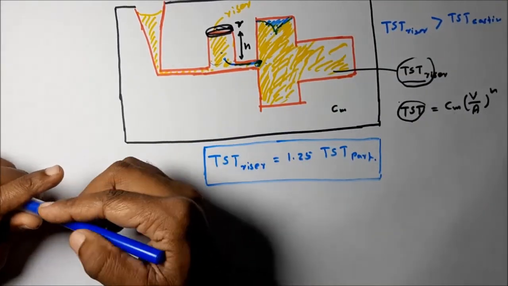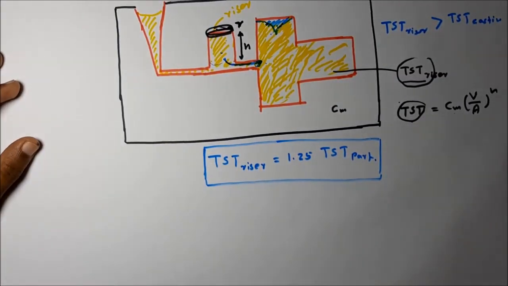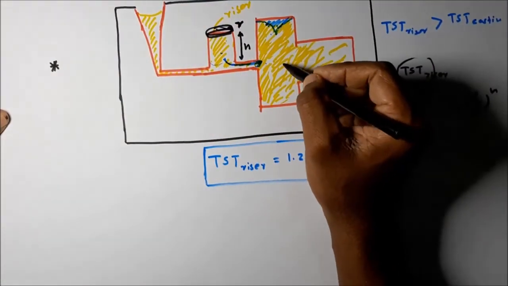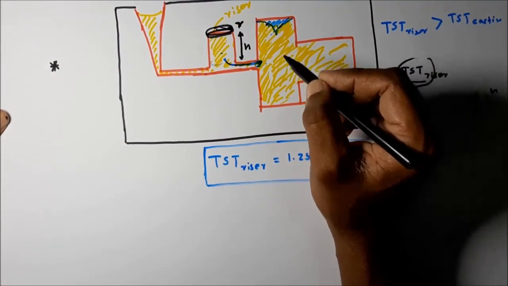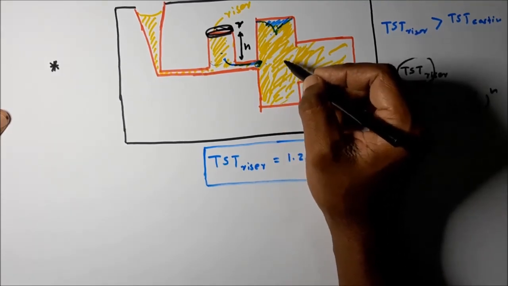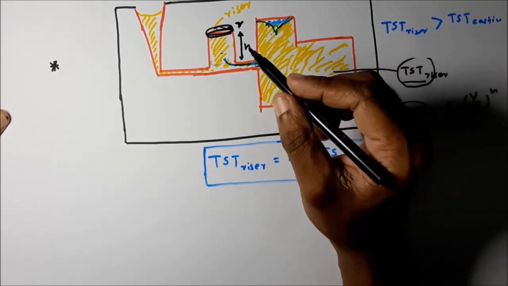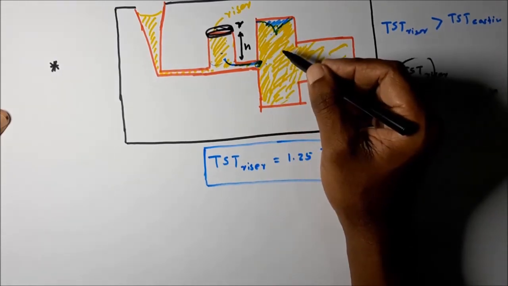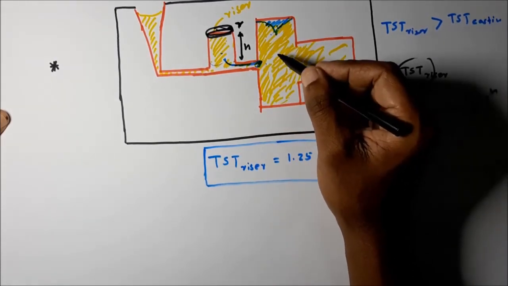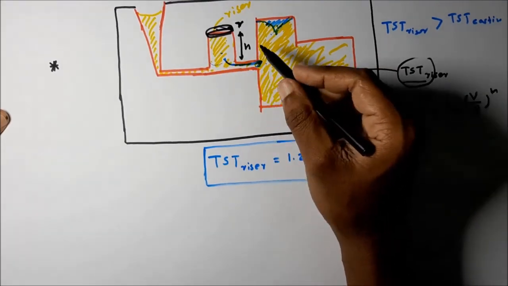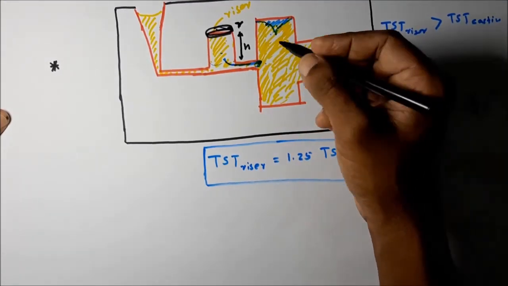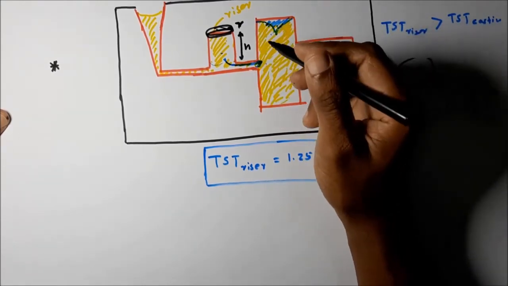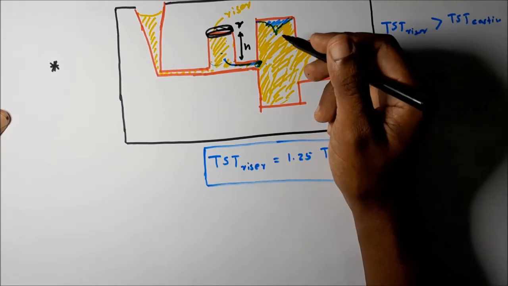There are three different considerations when designing risers. What are these three? First consideration, a riser should be able to keep molten metal until the part is completely solidified. Second consideration, a riser should be kept closer to the heavy mass area of the part, because the largest shrinkage occurs at the heavy mass area of the part.